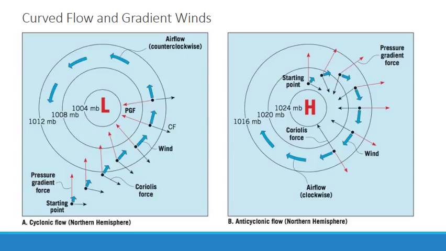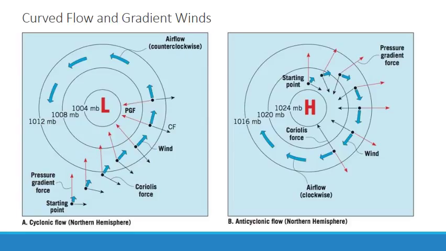Around a high pressure cell, the outward directed pressure gradient force is opposed by the inward directed Coriolis force. Right? You can see the blue is the result vector. If you look at this one up by the starting point, the red arrow shows us the pressure gradient force path, right?